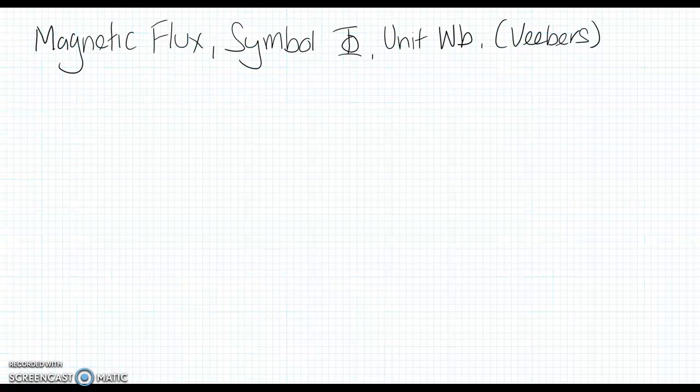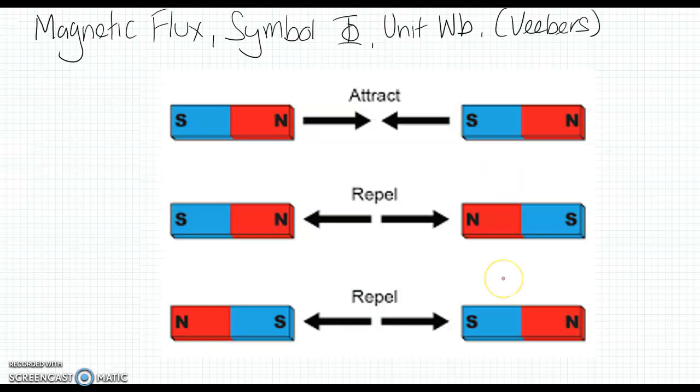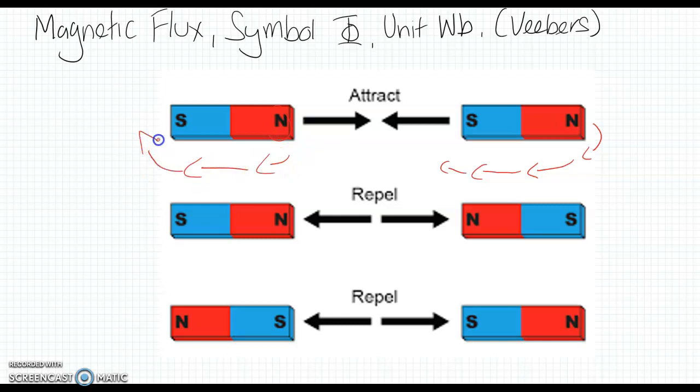Now, magnetic flux, the symbol is phi and the unit is the Weber, Wb. If we look at these three magnets' positions, for these two magnets to attract, the North Pole and the South Pole have to be opposite. So what would happen here is the flux would leave the North Pole and be attracted to the South Pole, and likewise here the flux would leave the South Pole and be attracted to the North Pole.